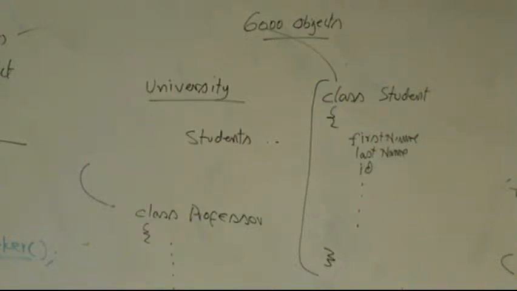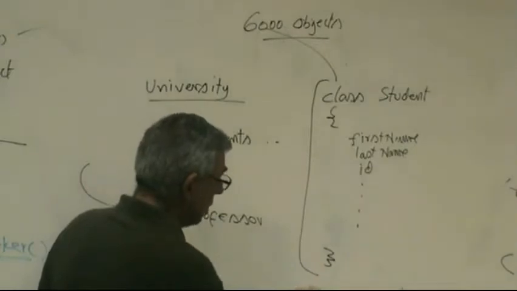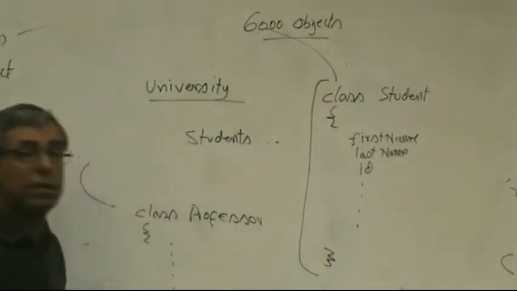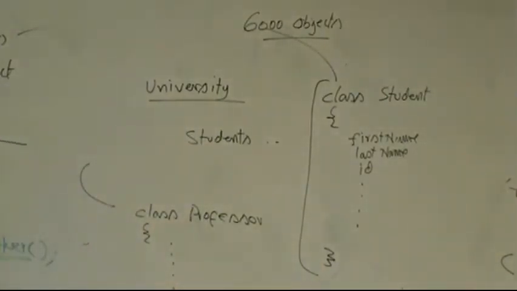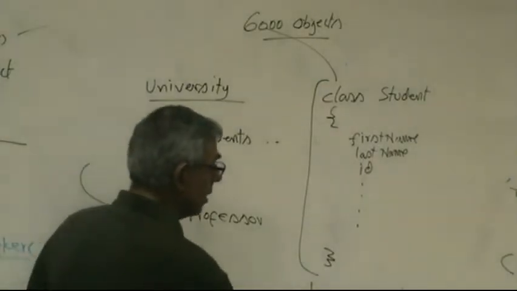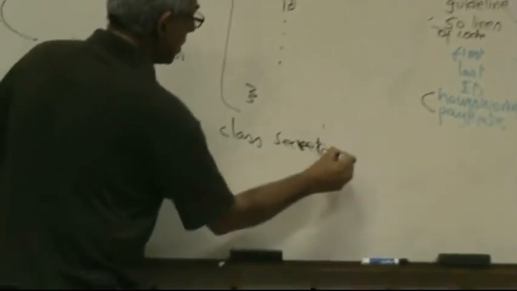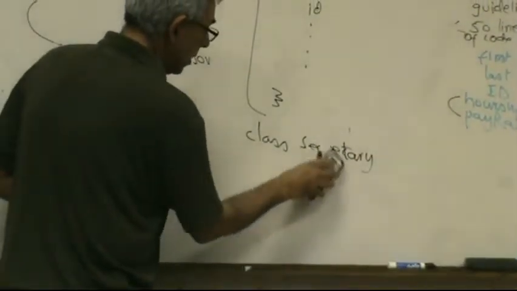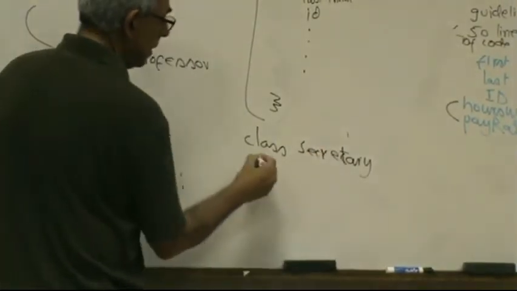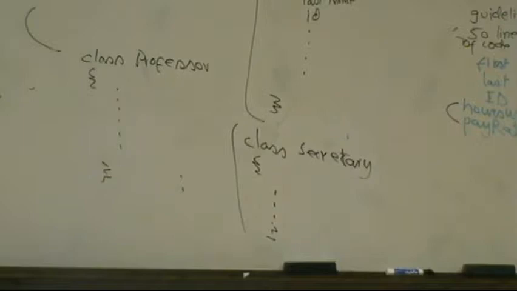Makes sense? Okay. Very similarly, we also have employees like secretaries, lab managers, and so on, right? So you can create another class called secretary as an example. Okay, and then start listing whatever fields we need for a secretary.